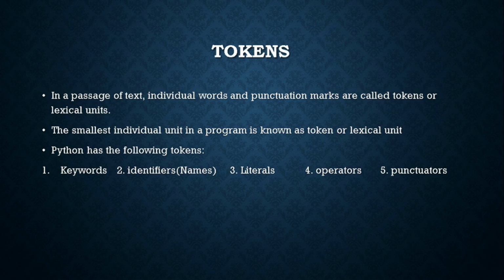Or any punctuation mark or any digit or number can be considered a token. Even the space, white spaces, is considered a token here. The smallest individual unit in a program is known as a token or lexical unit. Now Python has the following tokens: keywords, identifiers, literals, operators, and punctuators.